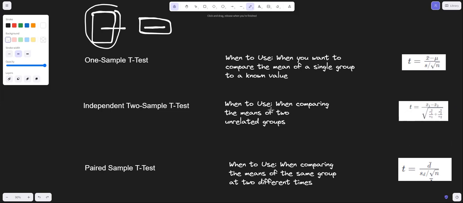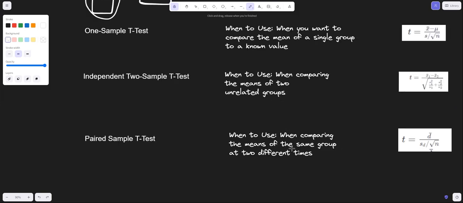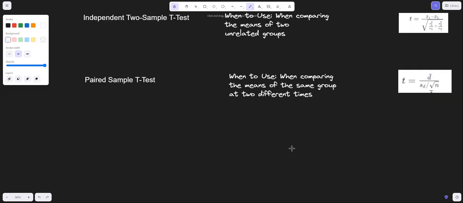Third is the paired sample t-test. When do we use it? When we compare the mean of the same group at two different times. To give you an example, let's say we have patients and we compare the weight of the patients before their treatment, and then the weight of the same patients after the treatment.